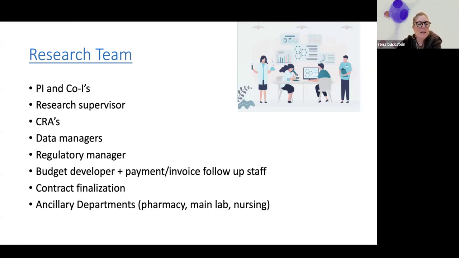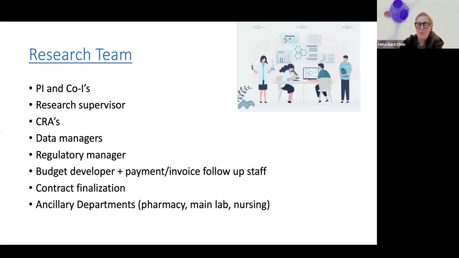And then if your study impacts other departments, and often they do, like in the case of pharma-led studies, the pharmacy, the main lab for incremental testing, the pathology lab for bone marrow review, flow cytometry, molecular testing, and even nursing, for example, for incremental pharmacokinetics, or vital sign monitoring while they're on a particular study, they all have to sign off on your protocol as well.